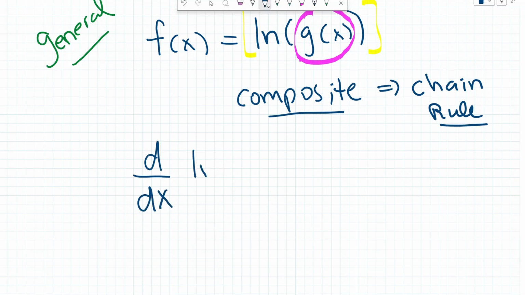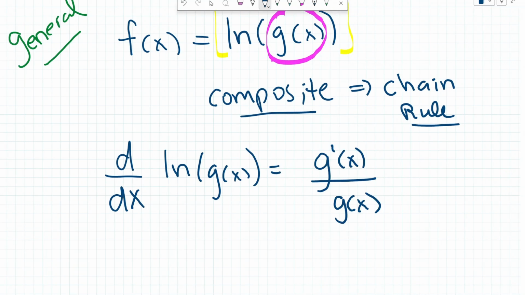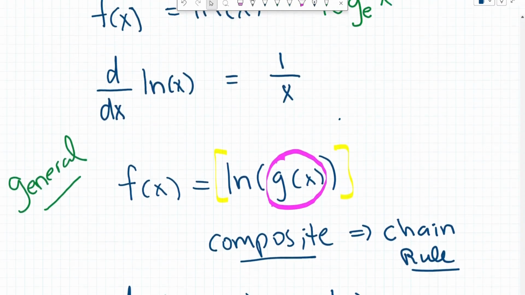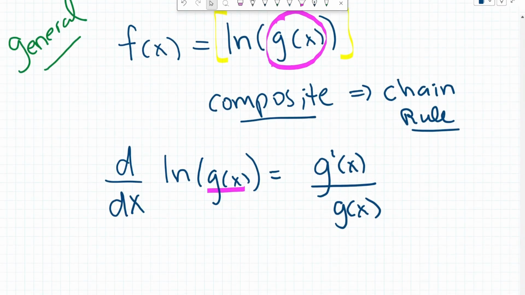So if we take the derivative of ln of g of x, essentially what's going on here is that I want you to think of our g of x just as our x. The plain derivative of ln x is 1 over x. So the derivative of the ln in this case, you can think of as 1 over g of x.